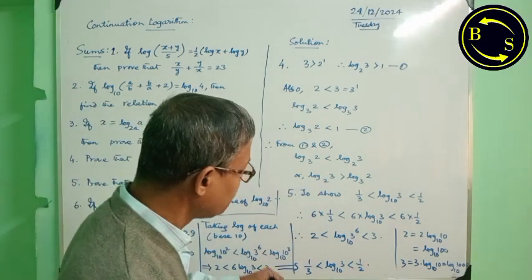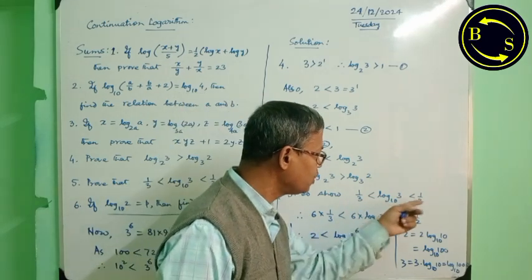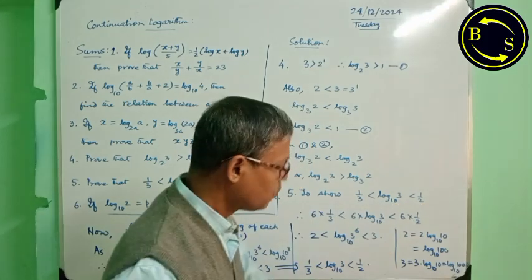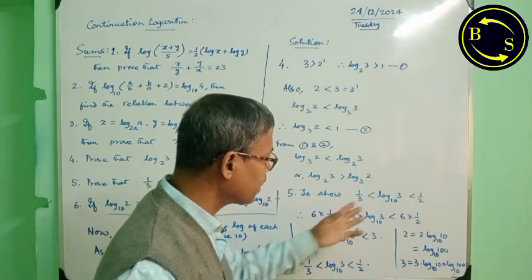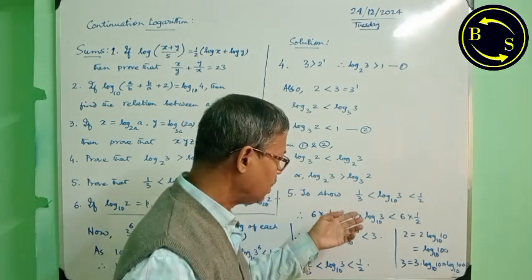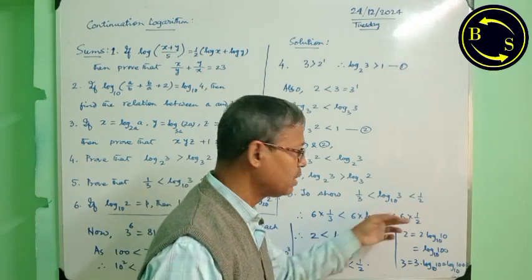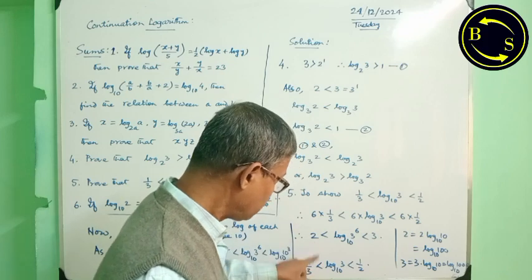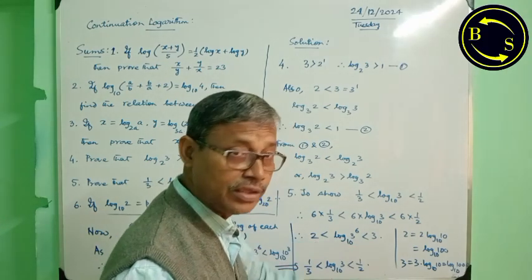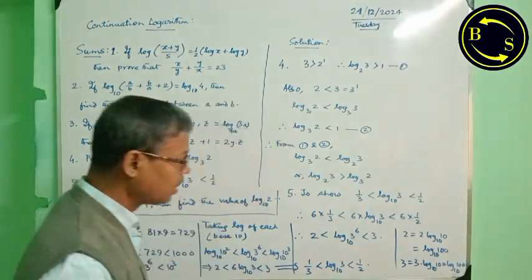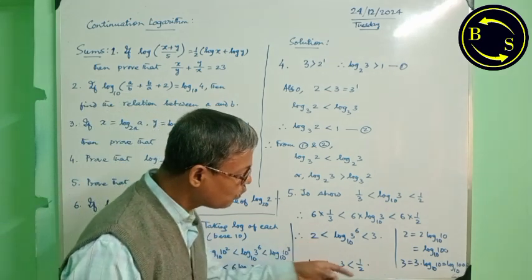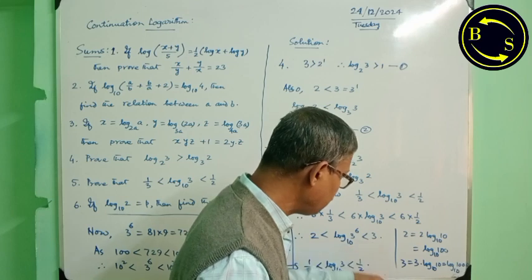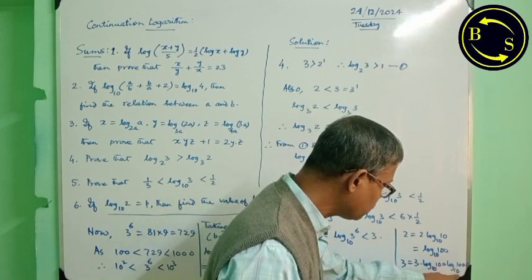I repeat, to prove this one, as there are fractions, we first remove those fractions by multiplying by the LCM of the two denominators 3 and 2, that is 6. We get integers, natural numbers. Next, 2 can be written as log of 100 to the base 10, and 3 can be written as log of 1000 to the base 10.